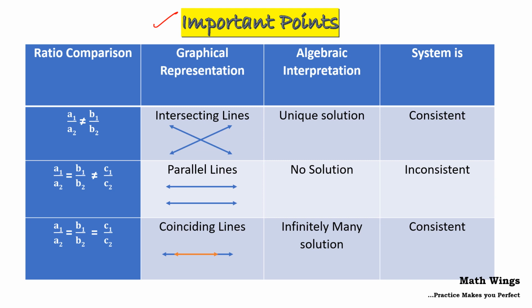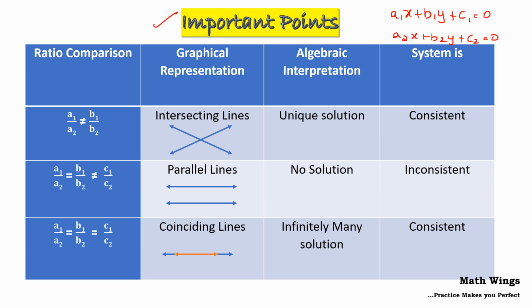When we have two equations given, a1x plus b1y plus c1 equal to 0, as well as a2x plus b2y plus c2 equal to 0, by comparing the ratios of the given equations, we can tell how the graphical representation of the equations will be, how many solutions these equations will have, as well as what the system is.